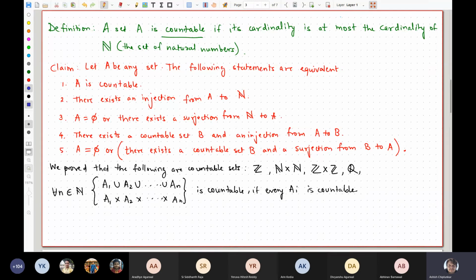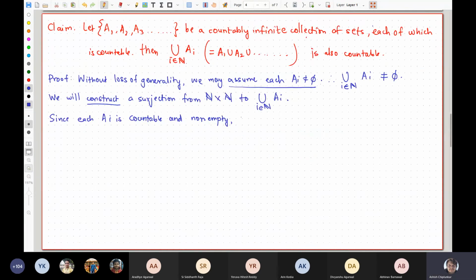So A_i is countable, A_i is not empty, therefore there exists a surjection from N to A_i. Let's call it g_i, going from A_i to the set of natural numbers.